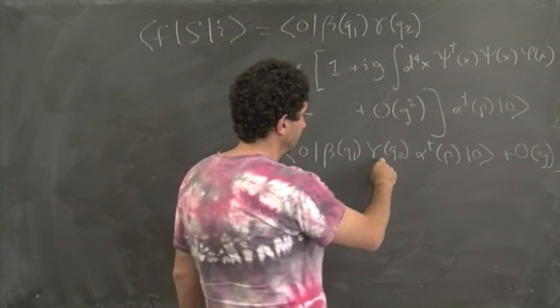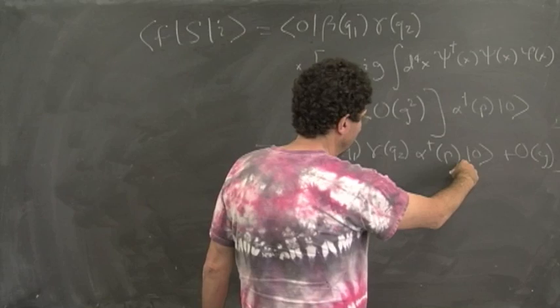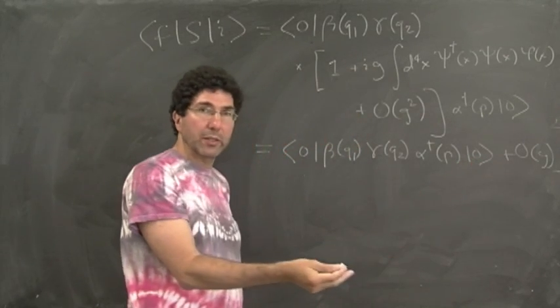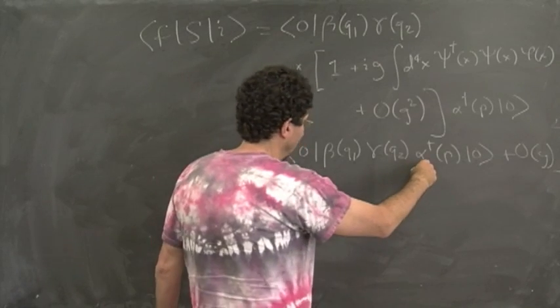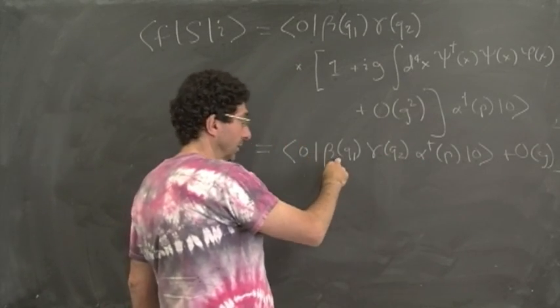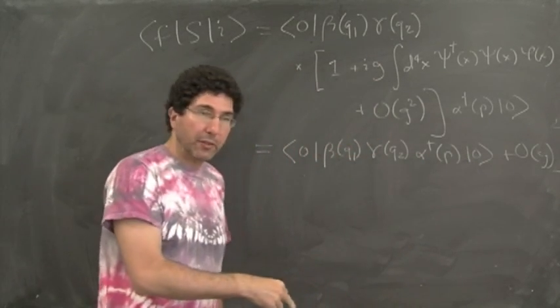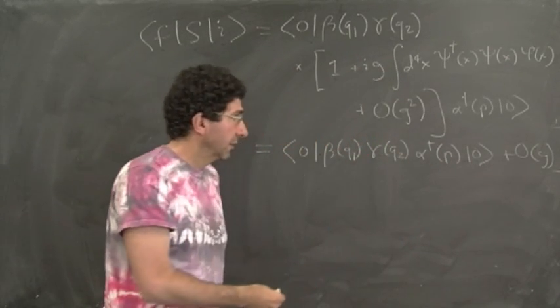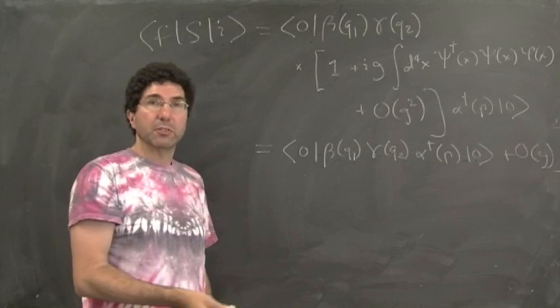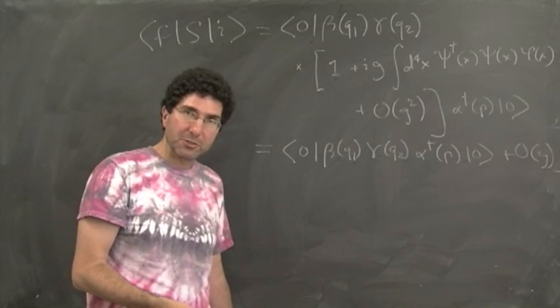So nothing stops me from moving gamma, let's say, over here next to this vacuum, where it then annihilates the vacuum, gives me 0. Or I could commute alpha to this side and get 0, or I could commute beta over here. There are all these operators I could move next to the vacuum states here and get 0. So there are many ways it can vanish.